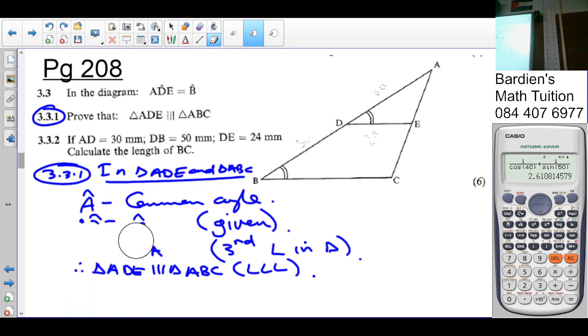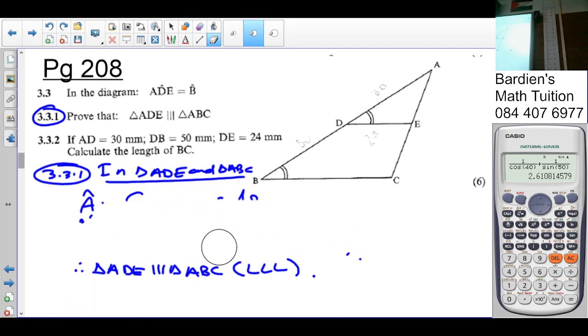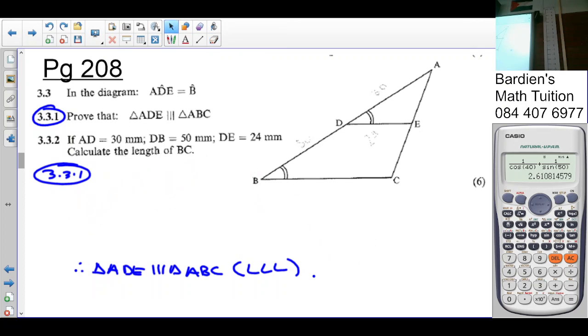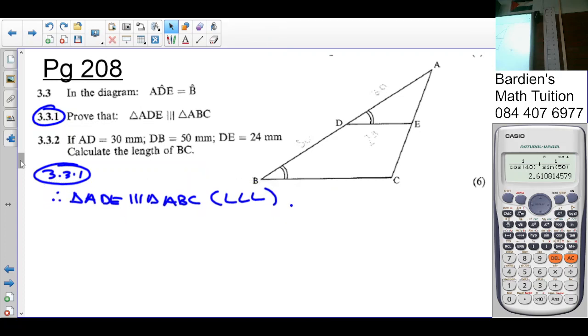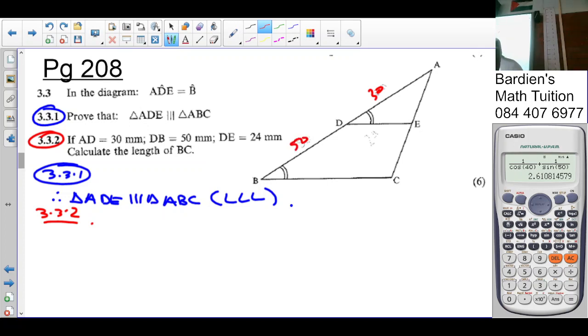Right, so the next question says in 3.3.2, if AD is 30, and BD is 50, DE is 24, and BC is unknown.